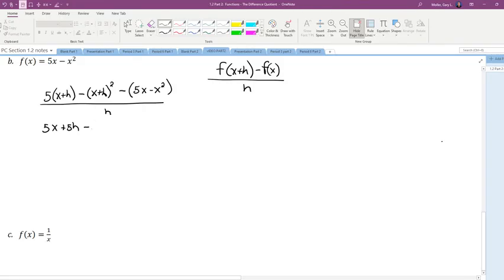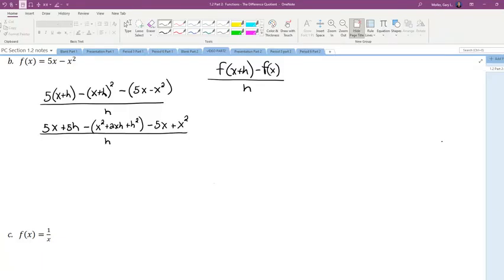But since it's subtracting multiple terms, I'm going to leave it in parentheses: (x squared plus 2xh plus h squared) minus, and I might as well, since there's nothing else going on, distribute it now, minus 5x plus x squared. And now I'm going to take one extra step and distribute the negative.